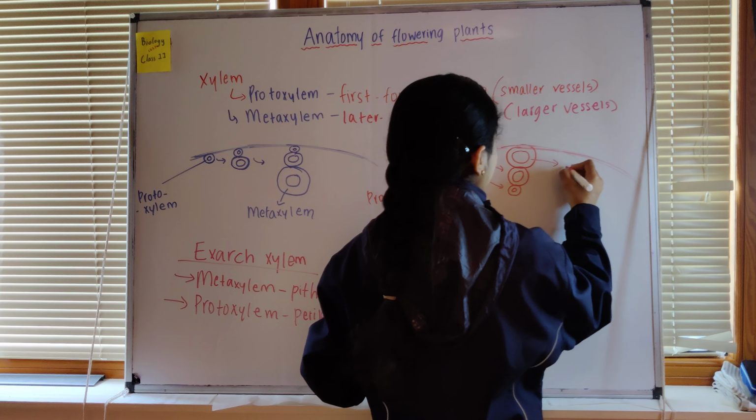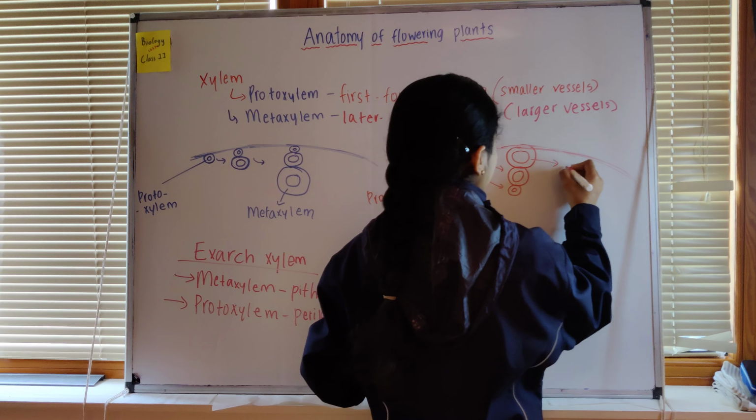Endarch xylem is where metaxylem is towards the periphery and the protoxylem is towards the pith. Endo means inside, so protoxylem is towards the inner side.